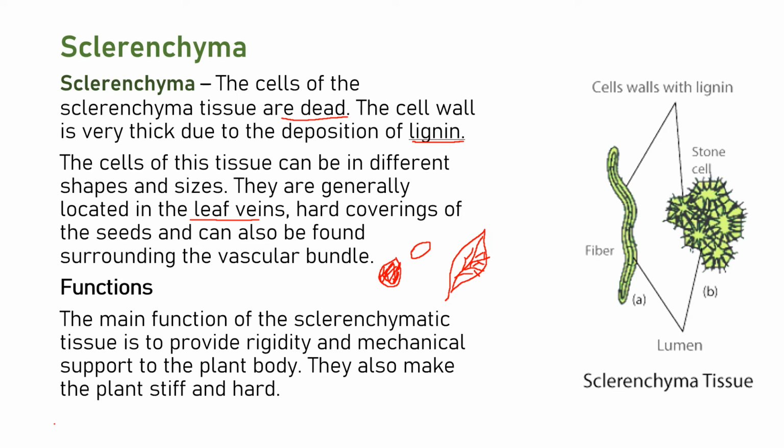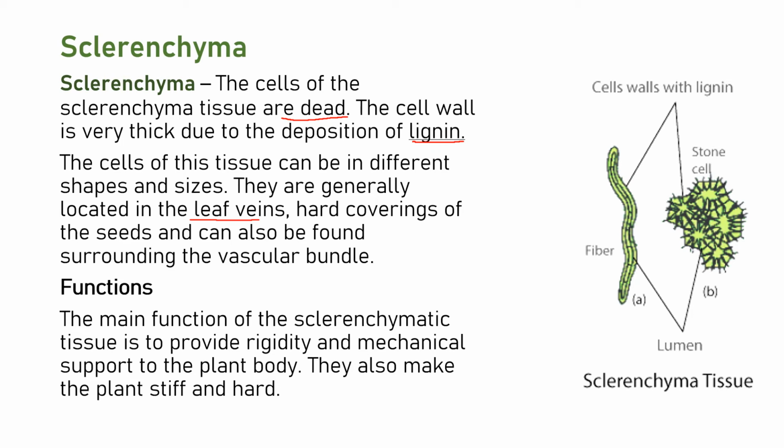The presence is very important, and a very important point you have to know is they are made up of dead cells, right? Where they are found is also important. Now coming to the function, it provides rigidity and mechanical support to the plant body, right?